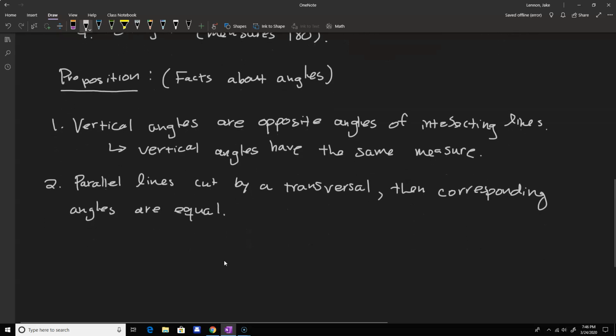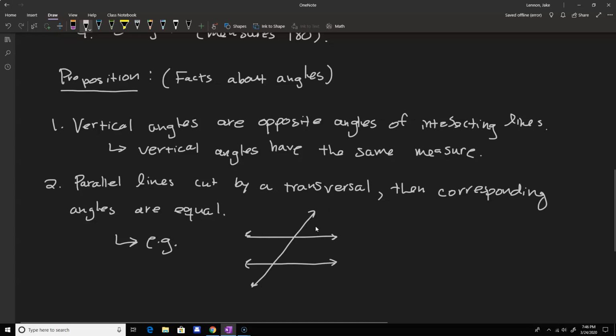So let's just look at an example. Sorry, I didn't mean to put that dot there. So parallel lines means they don't intersect. So if we have a line here, and then maybe also a line here, a transversal is just a line that cuts across it. Corresponding angles have to have equal measures.